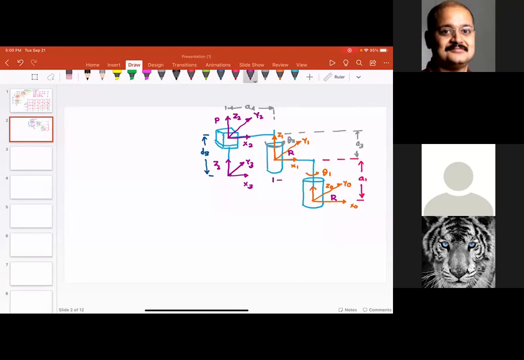A2 is this. Believe it or not, it's like the SCARA robot in your homework. That's why it looks scary. This robot is moving from right to left. If I draw the same diagram from left to right, I mean just mirror the image, you will get the same answer. Doesn't matter.